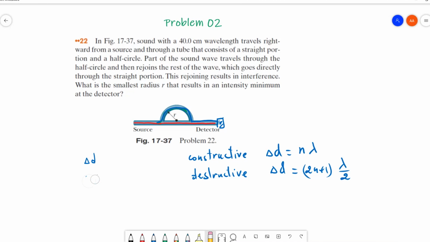Here constructive interference, here destructive interference. Here we'll have maximum of amplitude, here we'll have minimum of amplitude.